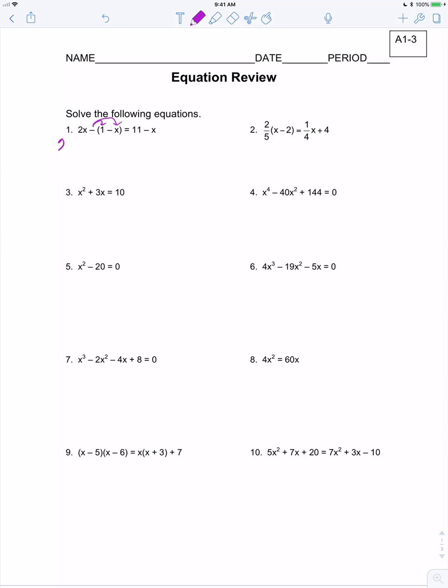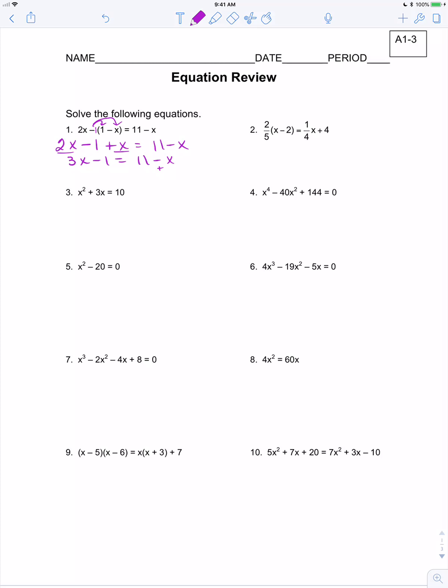So let's go ahead and distribute that -1, the imaginary 1 that's there. So that makes that 2x minus 1 plus x is equal to 11 minus x. All right, so I'm going to first join like terms. So that gives me 3x minus 1 is equal to 11 minus x.